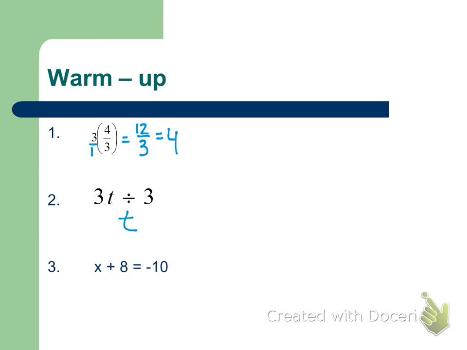Number 3, this is like what we did yesterday. We have an equal sign already in the problem, so we need to get x by itself. Remember yesterday, we box the variable and draw a line through the equal sign. Jeriel, what would be our next step?